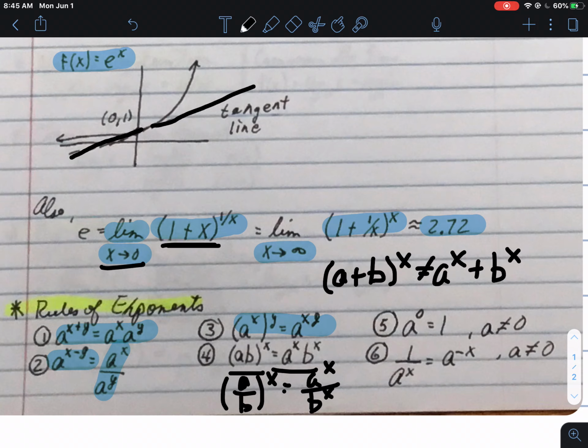That's not equal to a squared plus b squared. That's what I mean by that basic algebra. Remember, you have to multiply that out. So if I have a binomial or some sum or difference raised to a power, I have to multiply that thing out that many times. All right. So don't make this mistake. I see it done way too often, and it's a basic algebra mistake.